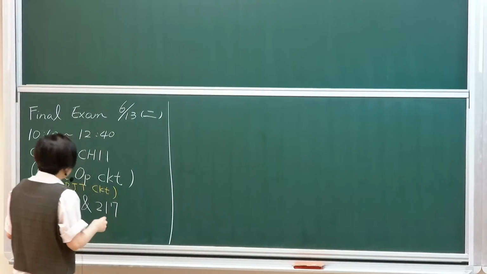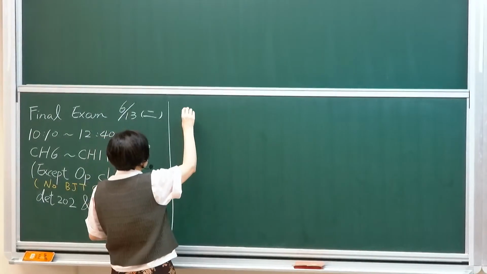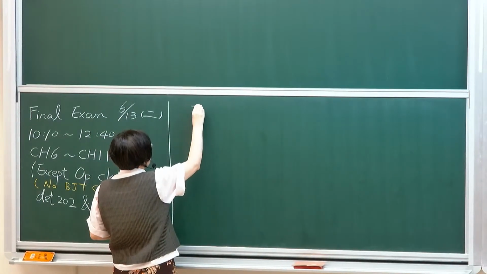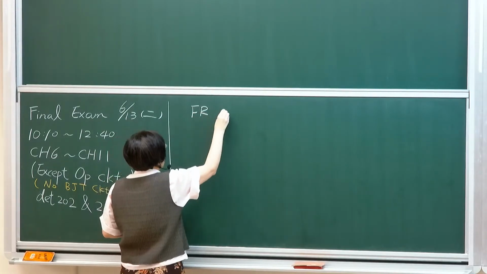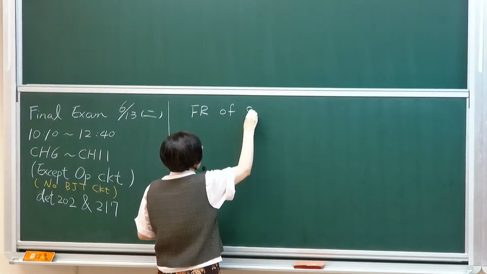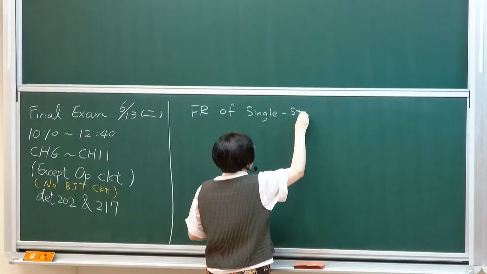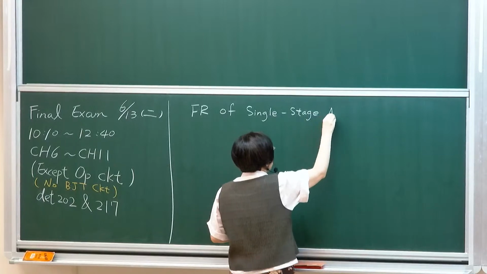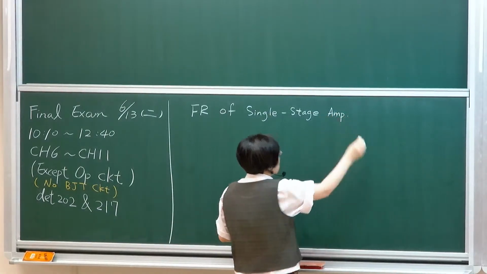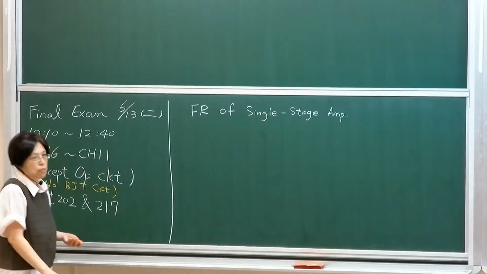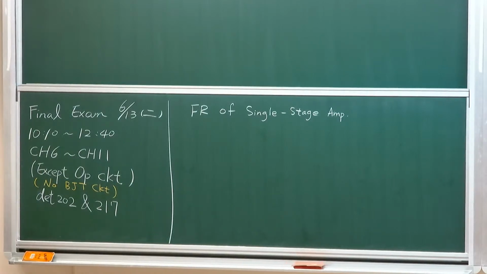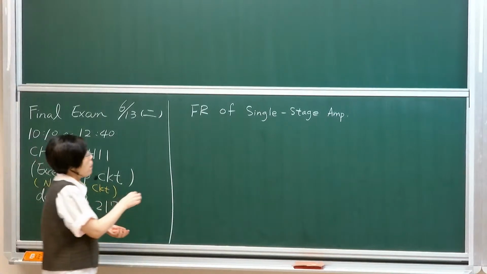So what we have already discussed is the frequency response of single stage, of course. Since we're only going to focus on MOSFETs, it's going to move along much quicker, with only one type of device.